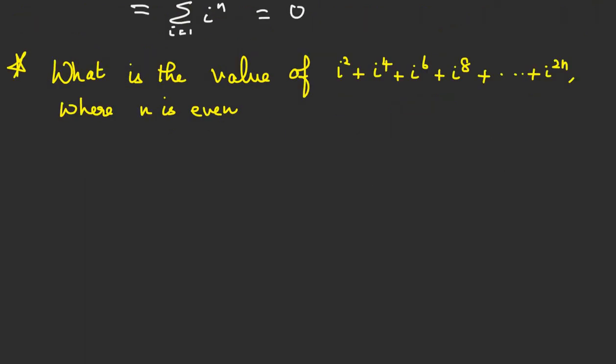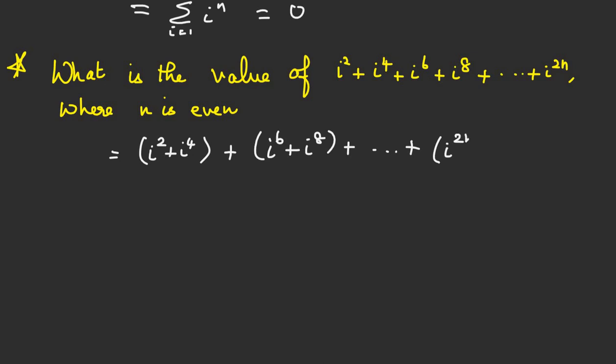Now let us see this question. What is the value of i squared plus i power 4 plus i power 6 plus i power 8 up to i power 2n, where n is even? Now this can be grouped as i squared plus i power 4 plus i power 6 plus i power 8 plus and so on up to the last terms i power 2n minus 2 plus i power 2n.